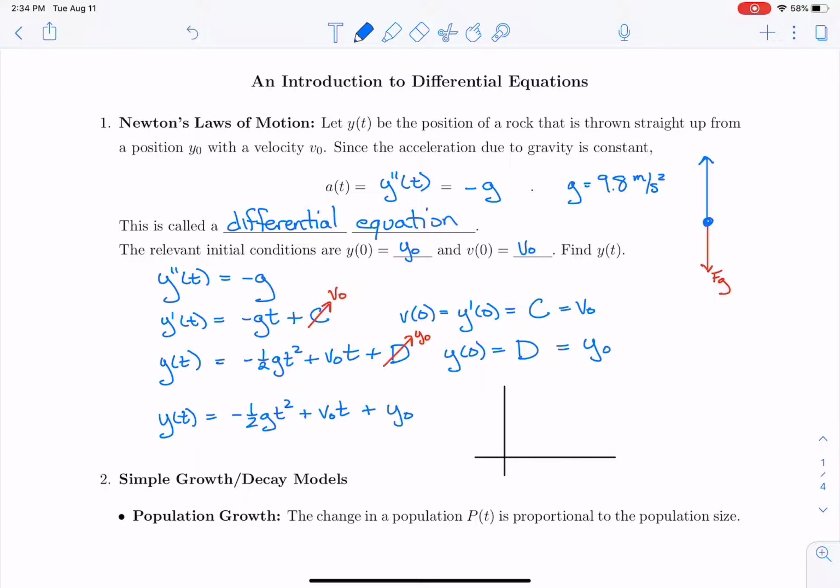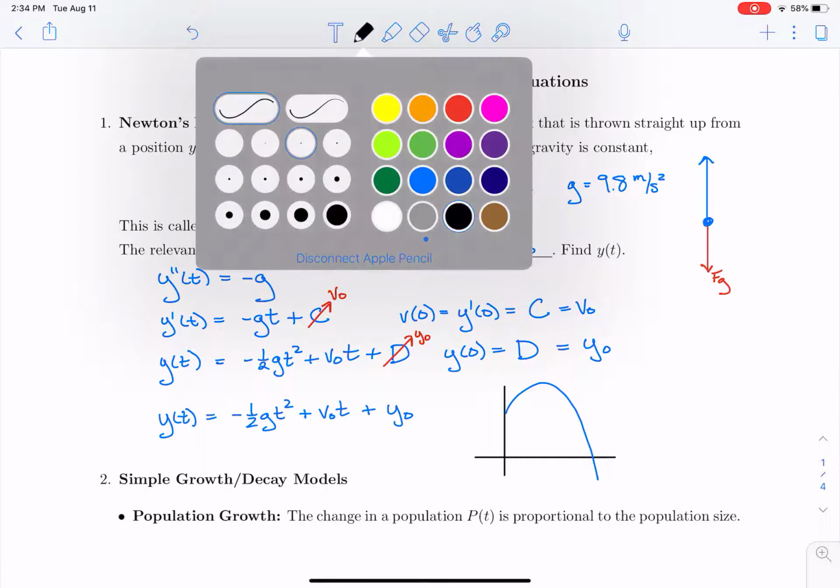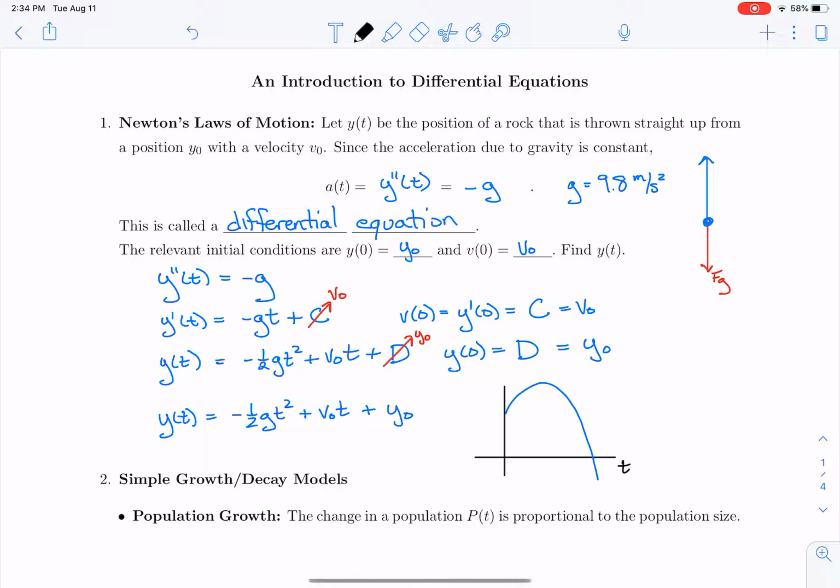But because of the negative sign in front of the t squared, I have a parabola that opens downward, like that. And that gives us our graph of y of t versus t and the motion of that rock. And so now we've solved our first differential equation.